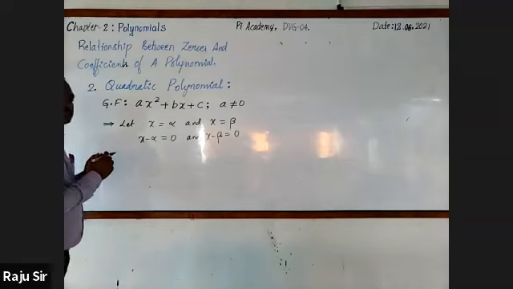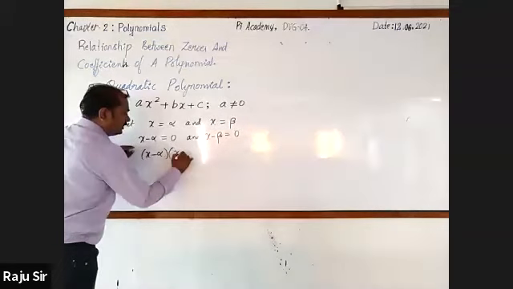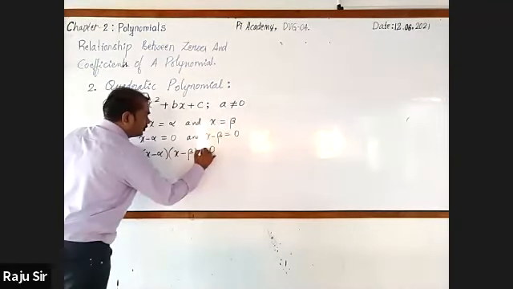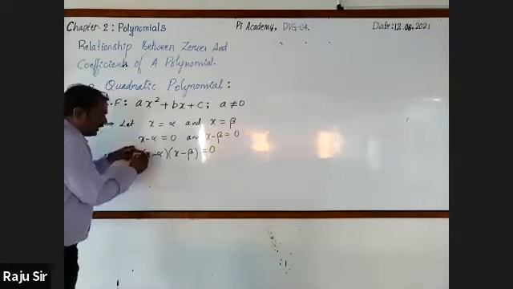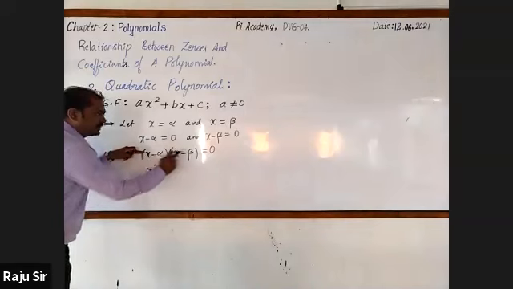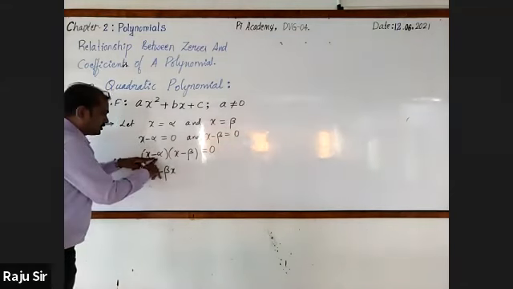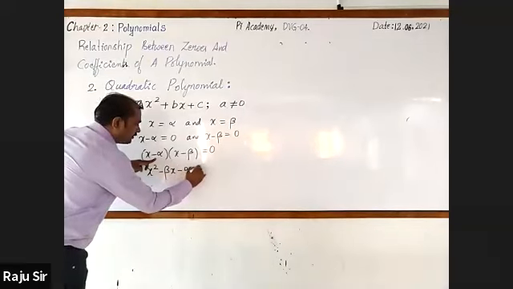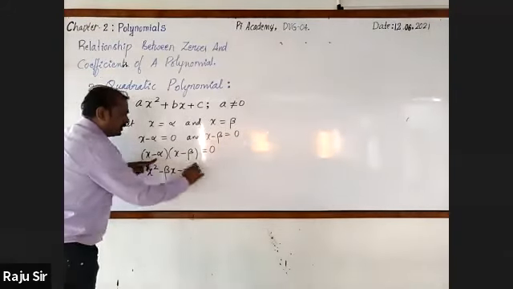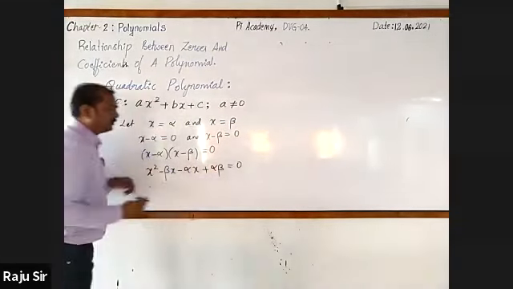Take both the statements together. You can write it as x minus alpha into x minus beta, which is equal to 0. Now multiply x with x and beta. X into x, x square, x into minus beta, minus beta x. Next, multiply minus alpha with both. Minus alpha into x, minus alpha x. Here, minus into minus, plus alpha into beta, alpha beta is equal to 0.